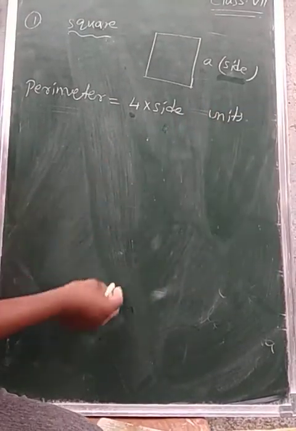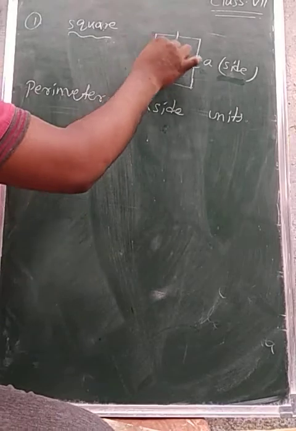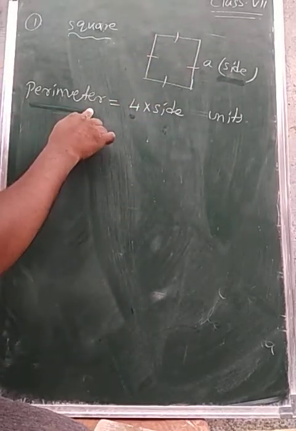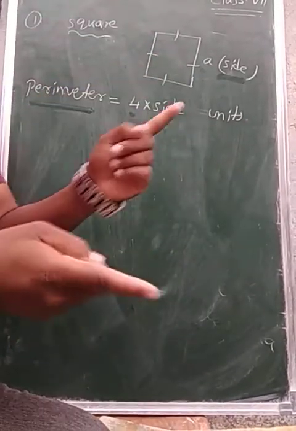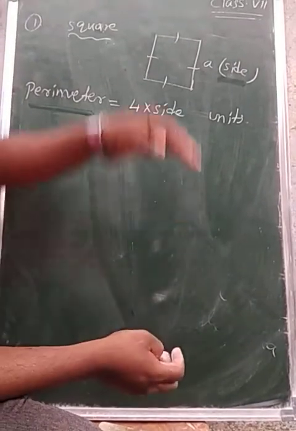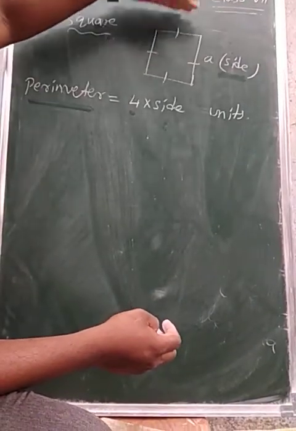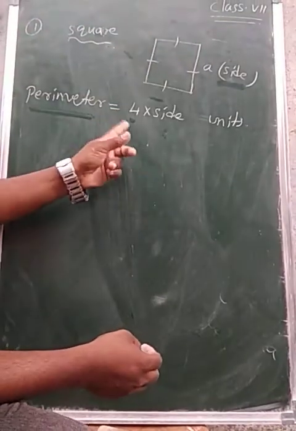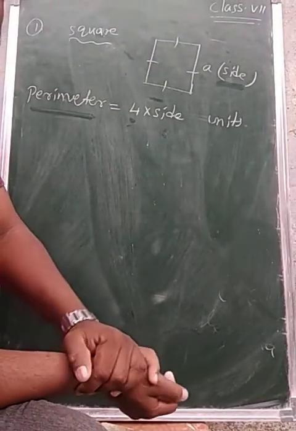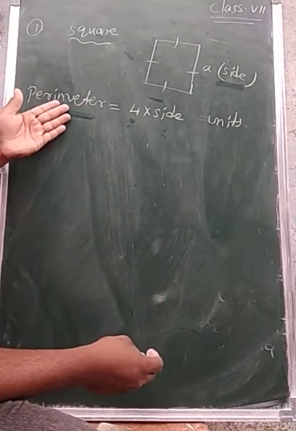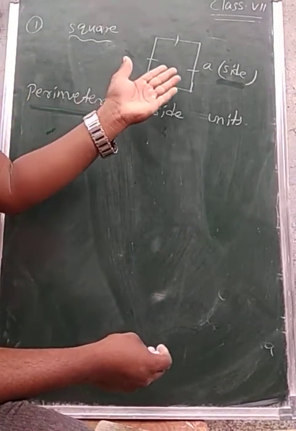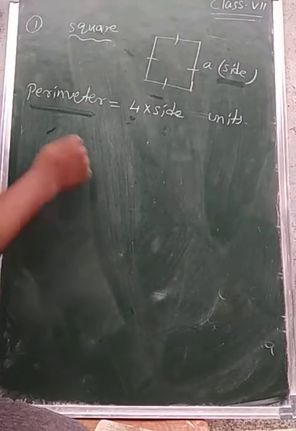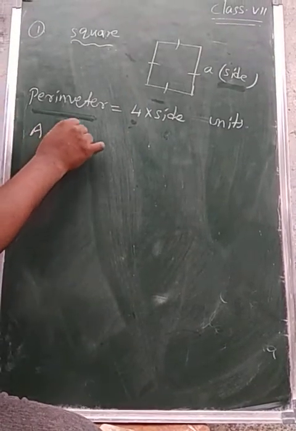Here, a square has all sides equal, right? Perimeter means the sum of the lengths of all sides. So by adding side 1, side 2, side 3, side 4, that is nothing but 4 into side. So this is the perimeter for a square.